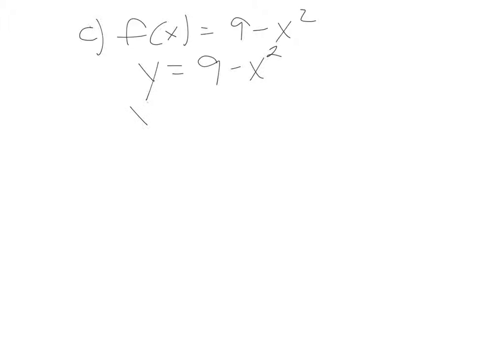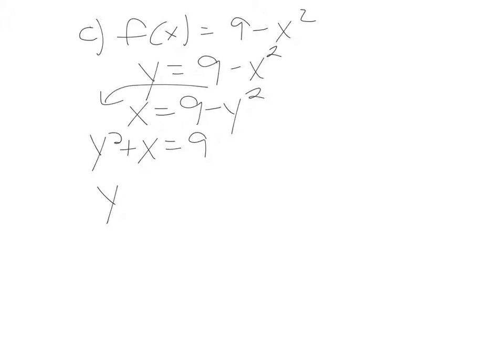And then we're supposed to find the inverse of the function f of x equals 9 minus x squared. And so that's y equals 9 minus x squared. We switch the x and the y. And now I want to get the y by itself. So I'm going to move the y over to the left side.